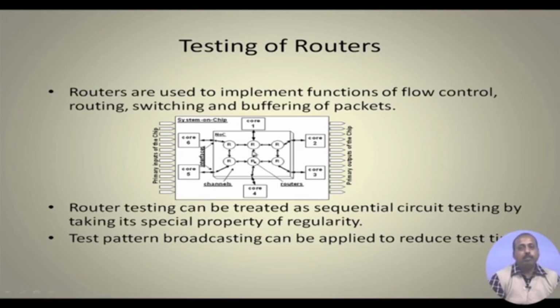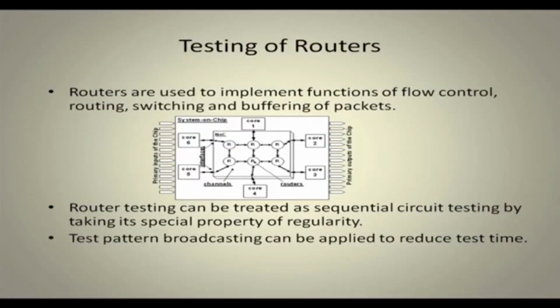But at the same time, these routers have some sequential elements as well as some combinational elements, with discrete flip flops as well as some memory components. Memory testing is another very challenging task, and that part also has to be a part of router testing.